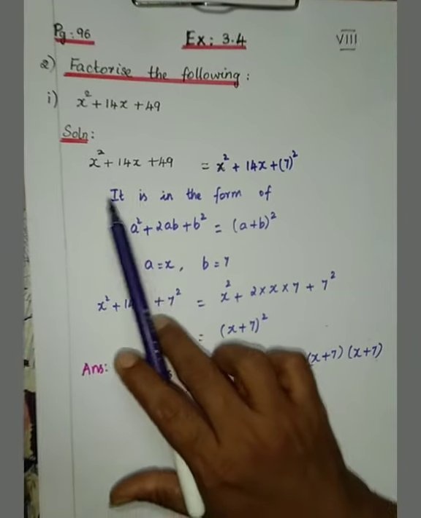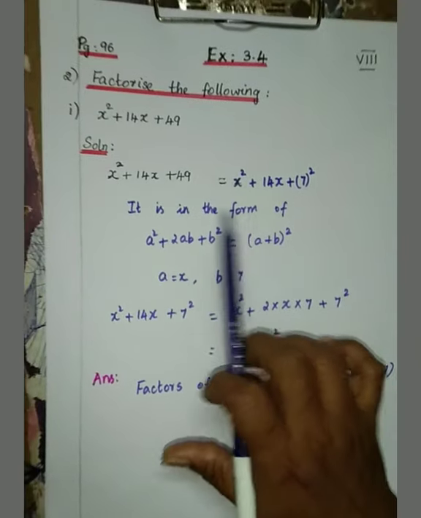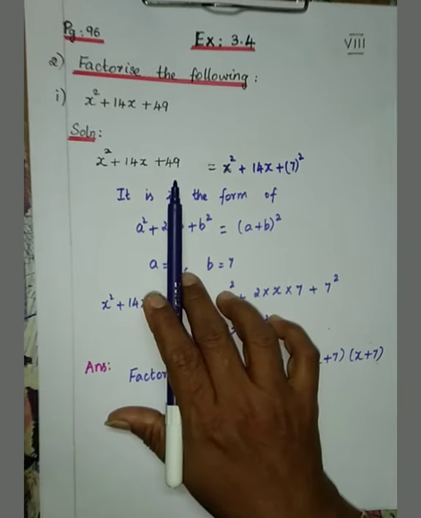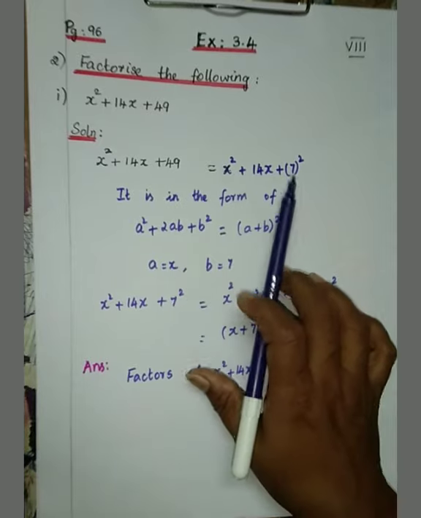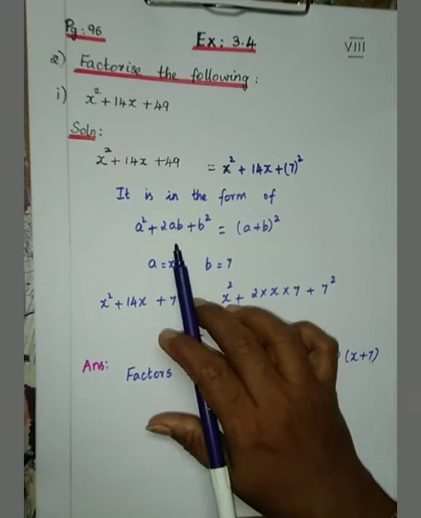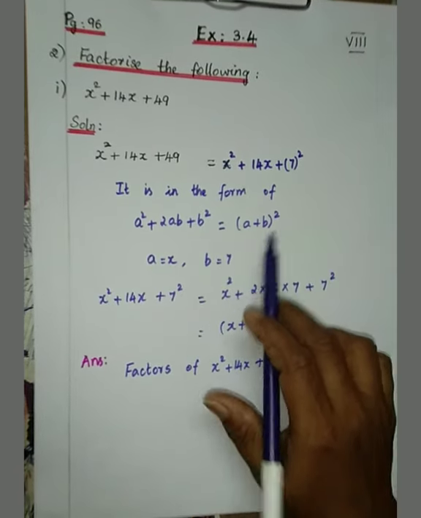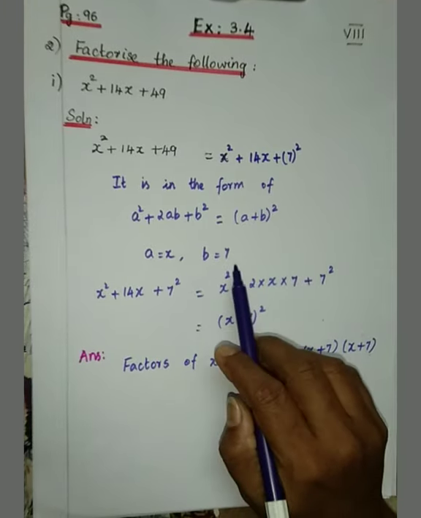So the question is x square plus 14x plus 49. So this can be written as x square plus 14x. Look at the first and the last term. The first term already is x square and 49 can be written as the square of 7. So it is in the form of a square plus 2ab plus b square equal to a plus b the whole square. So from that we can write a is x and b represented as 7.